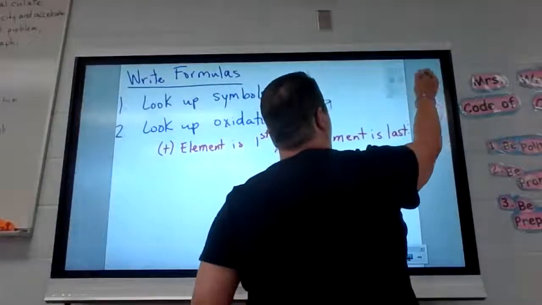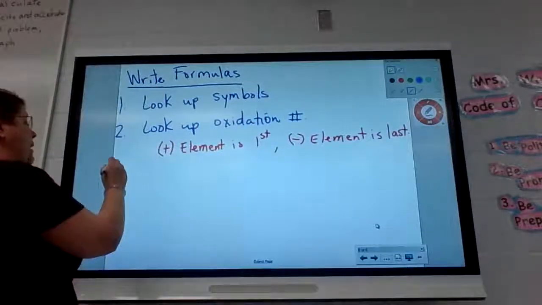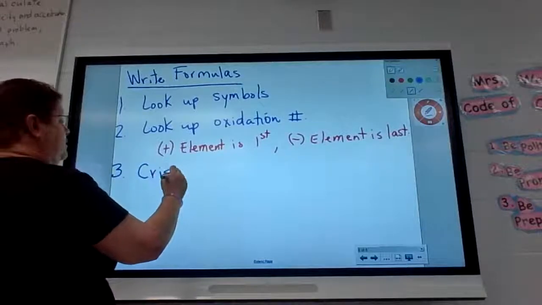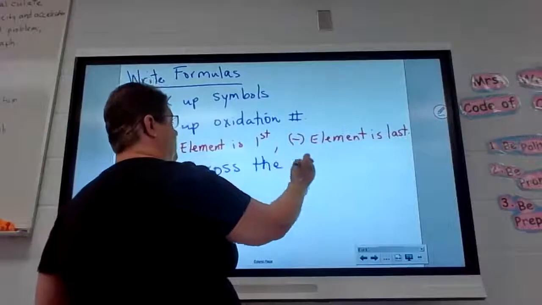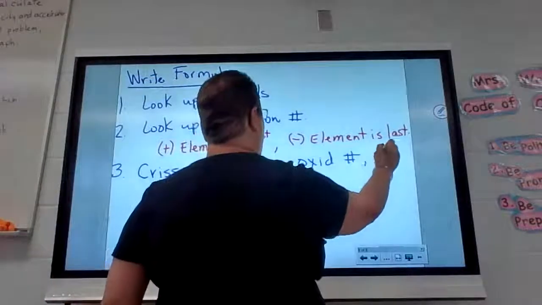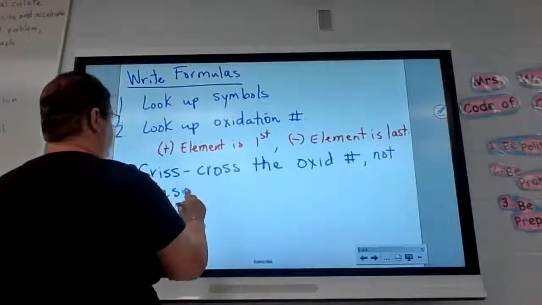Now, depending on who you had in middle school, you might remember doing step 3. You're going to crisscross the oxidation numbers. Not the sign. The sign goes away. We're going to mark it out.